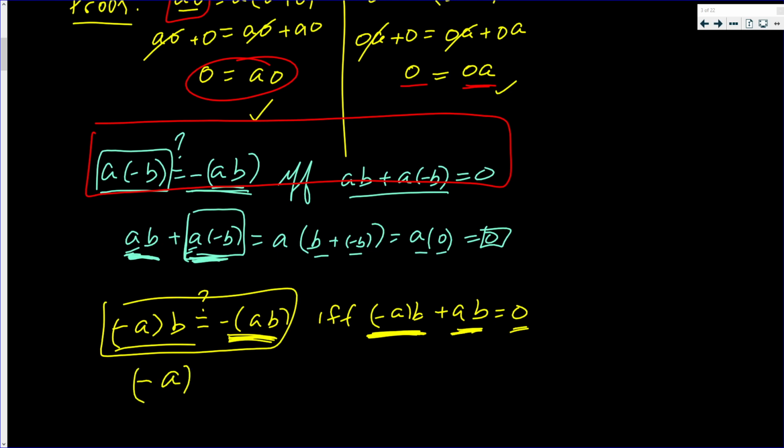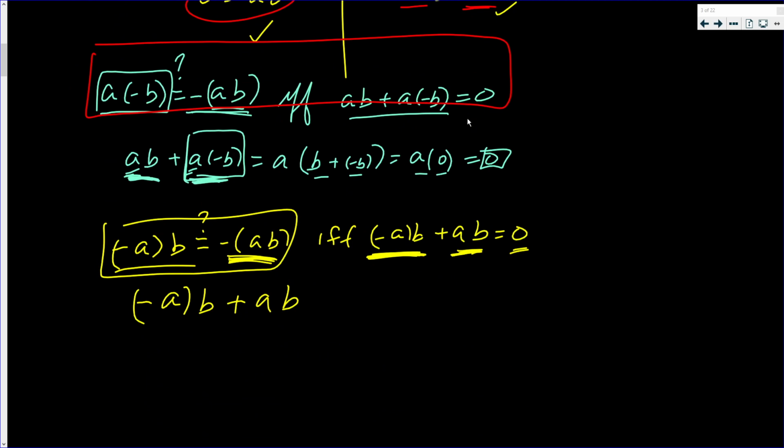So I take negative a times b, I add ab, and I notice that on both terms on the right I have a b. So I could factor out the b. And this is 0 times b, which is 0.